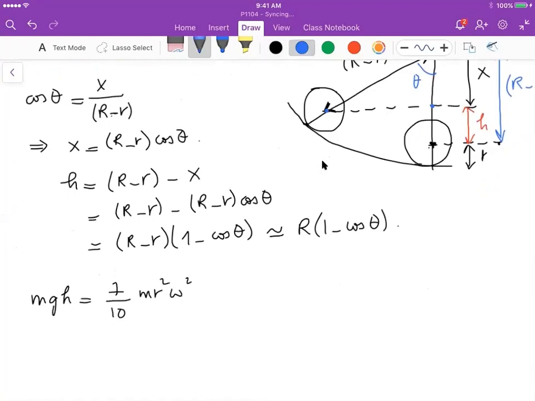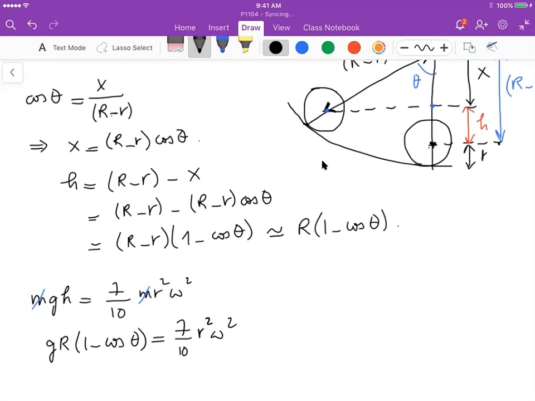So if we cancel out the factor m and put h in with its value, we end up with g times R times 1 minus cosine theta, because we already made the approximation. g times R times 1 minus cosine theta is equal to 7 over 10 r squared omega squared.